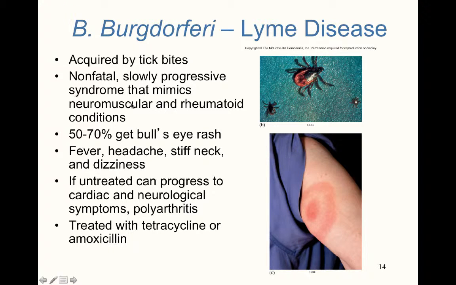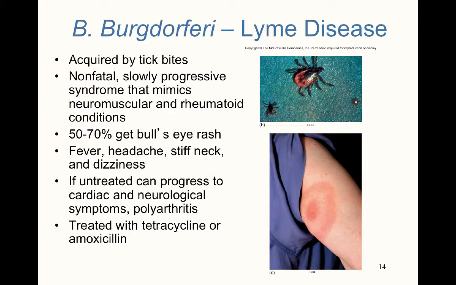Now, this disease is non-fatal, but it is a slowly progressive syndrome that can mimic neuromuscular and rheumatoid arthritic conditions. We've been seeing recently a lot of patients that have Lyme disease are presenting with this post-Lyme disease syndrome. So even people who have taken antibiotics and have recovered, as far as the tests showing no presence of this bacterium at all in their blood, it still seems that they have arthritic symptoms.